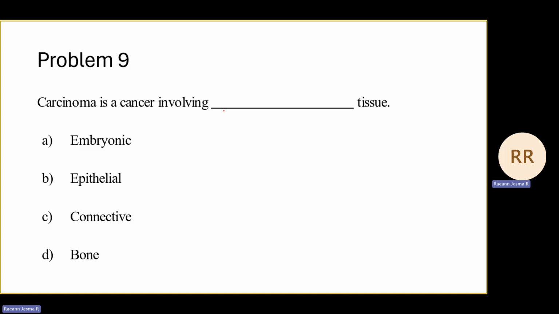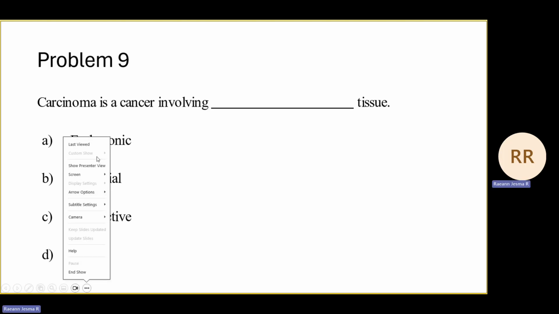Problem number 9. Carcinoma is a cancer involving which tissue? A is embryonic, B epithelial, C connective, D is bone. So which tissue do you think is causing cancer?